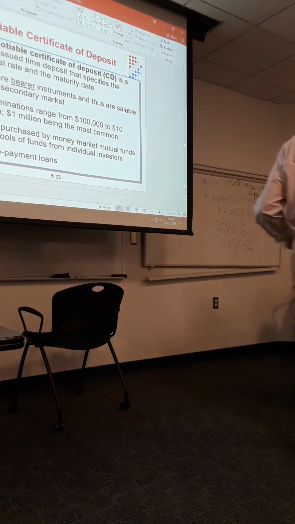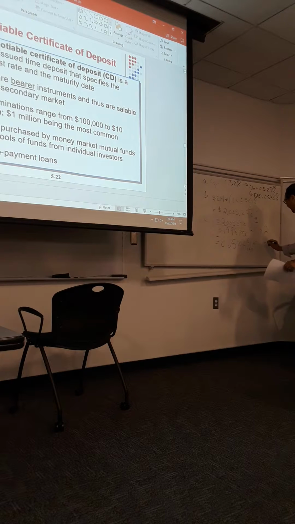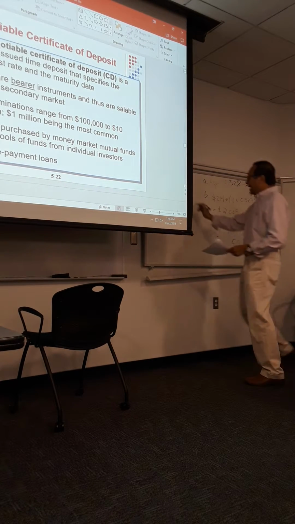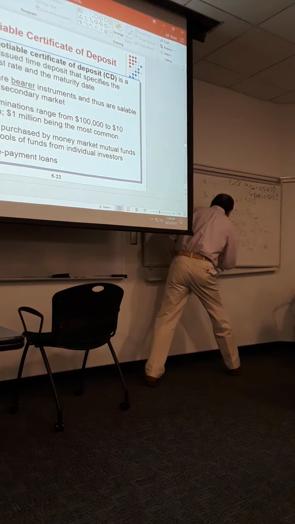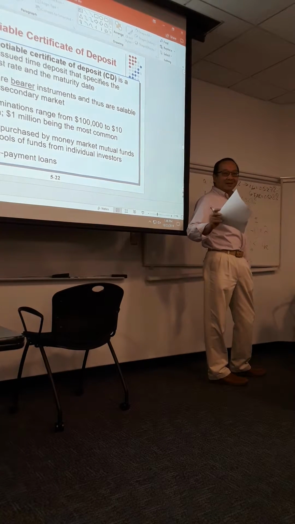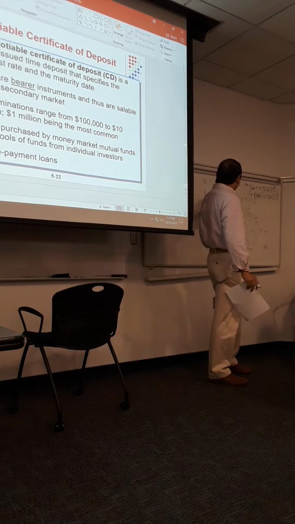Now, this is, again, as I said, a measure of the return. So that is a bond equivalent yield. But it asks for what? The ISP. How do we do the ISP? Now, let's think through it.